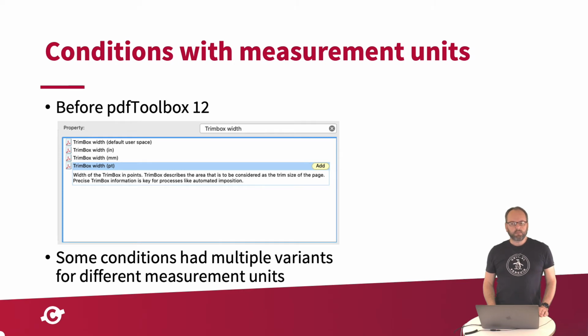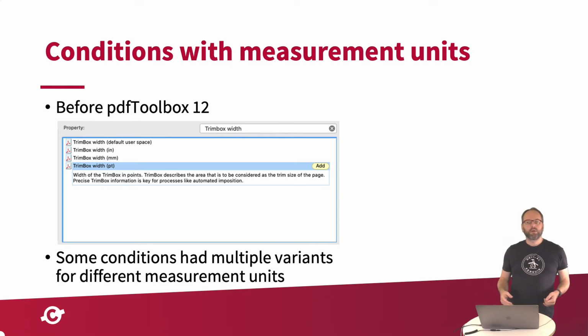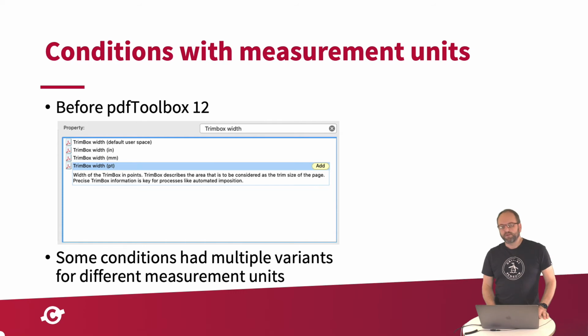And you can see that there is something called trim box width, and then there in inch, trim box width in millimeter. So the same condition, but for different units, measurement units. And that is, of course, a little bit unfortunate. When you have a whole bunch of those, you start to multiply the number of conditions.